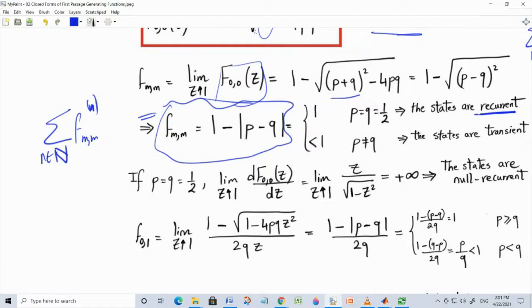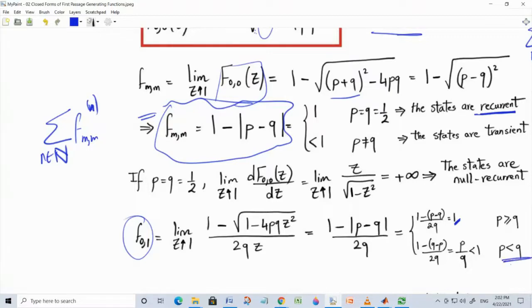Okay, and we did this to F_mm. You can also take limits regarding things like F_01. What is the probability that sooner or later you will enter into state 1 from state 0? So you will find, again by taking limits, that this probability is 1 if p is greater than or equal to q, but it is strictly less than 1 if p is less than q.